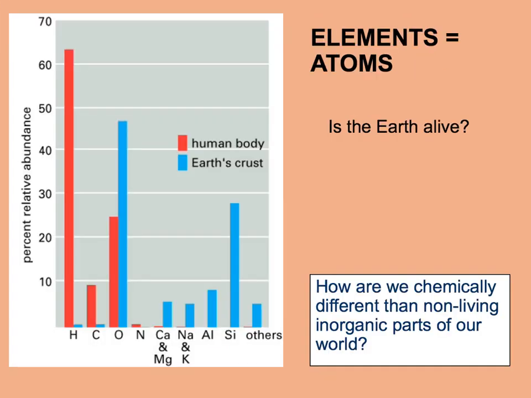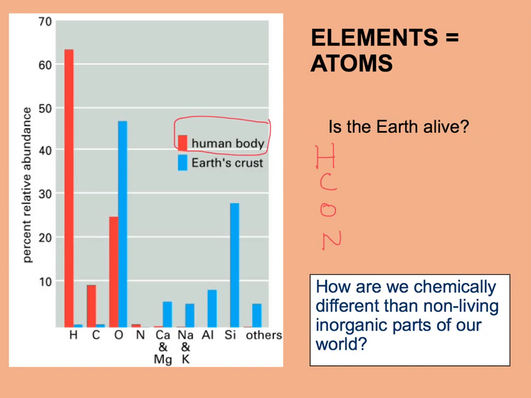If we look at the elements that are important for biology, all biological beings are made up of four main elements: hydrogen, carbon, oxygen, and nitrogen. They're shown in red on this graph. The rest of the Earth still has hydrogen, carbon, and oxygen.